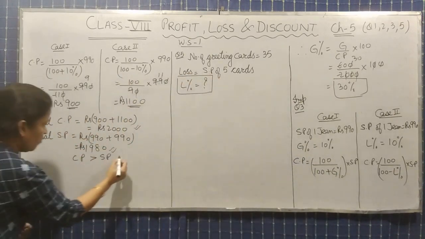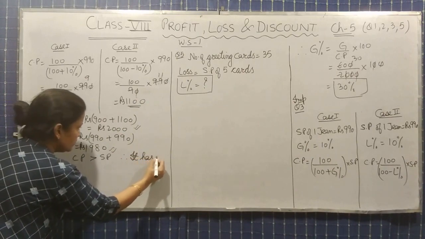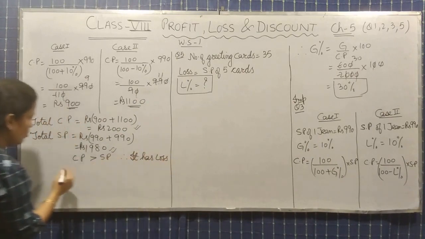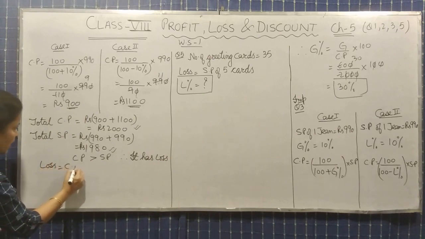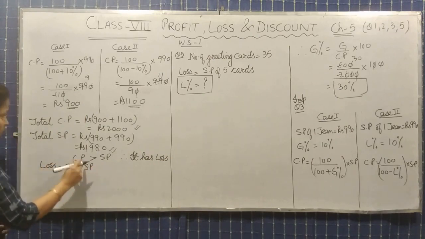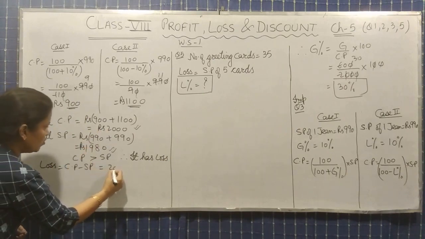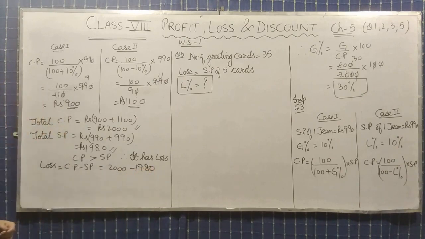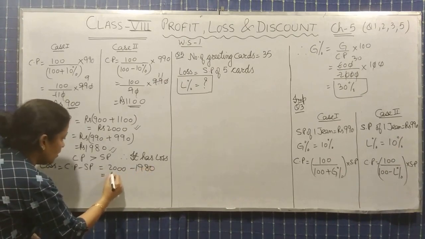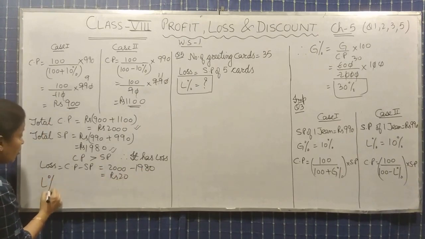So how much is the loss? Loss is CP minus SP. So 2000 minus 1980. So what is it? Rupees 20.